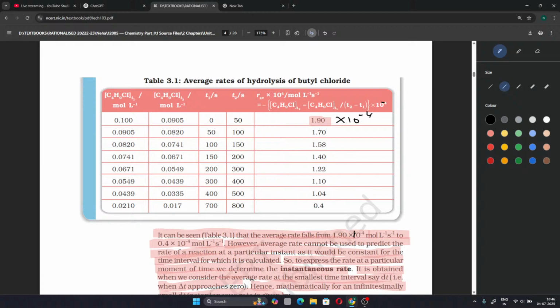The rate of the reaction is around 1.90 when the time is 0 to 50 seconds. It is the highest, and as we go down, due to the decrease in the concentration of reactant, from 0 to 50 seconds or 50 seconds to 200 seconds, the rate decreases.